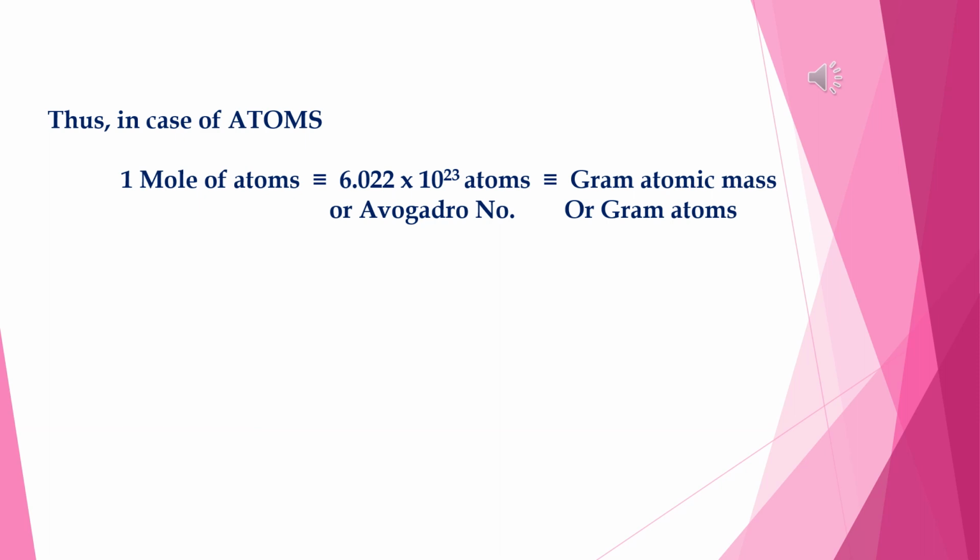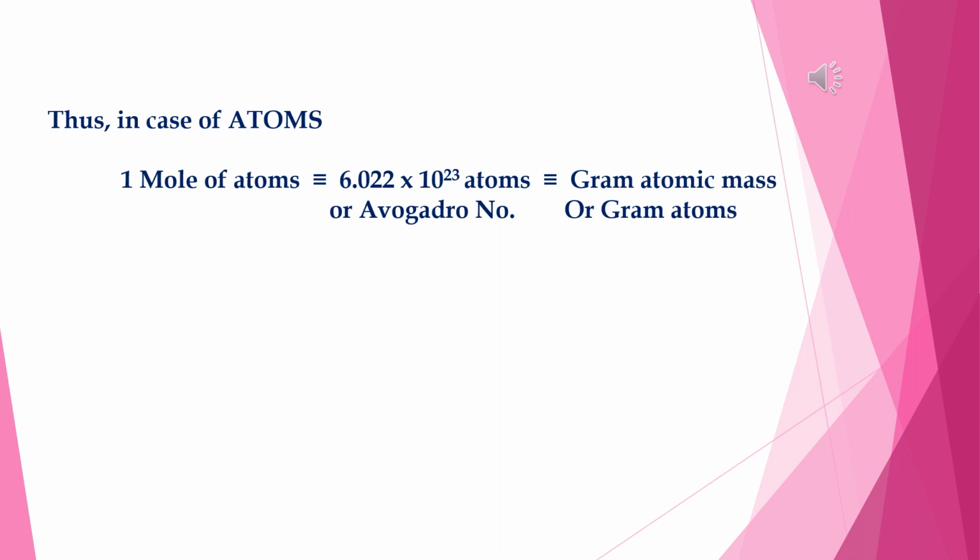So in case of atoms, 1 mole of atoms is equivalent to Avogadro number of atoms of that substance, that means 6.022 × 10^23 atoms, which is also equivalent to the gram atomic mass of that element, which is also called the gram atoms.